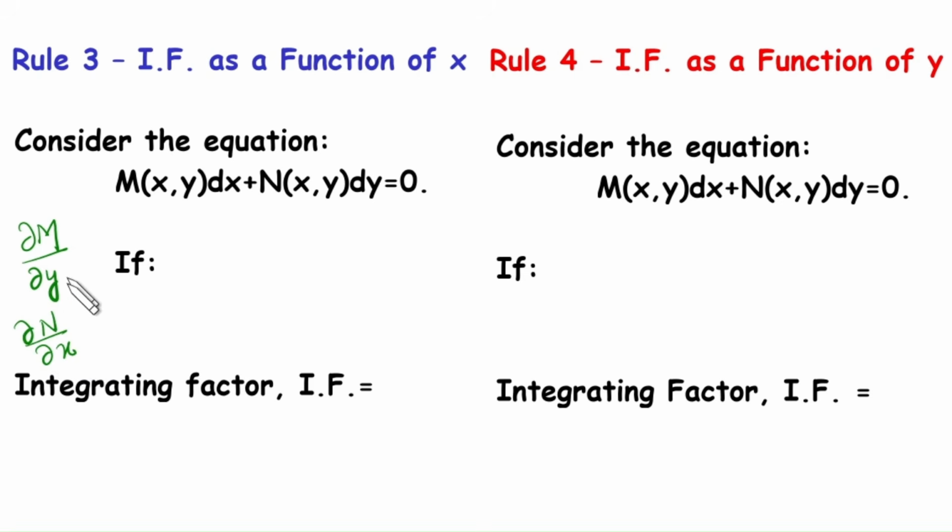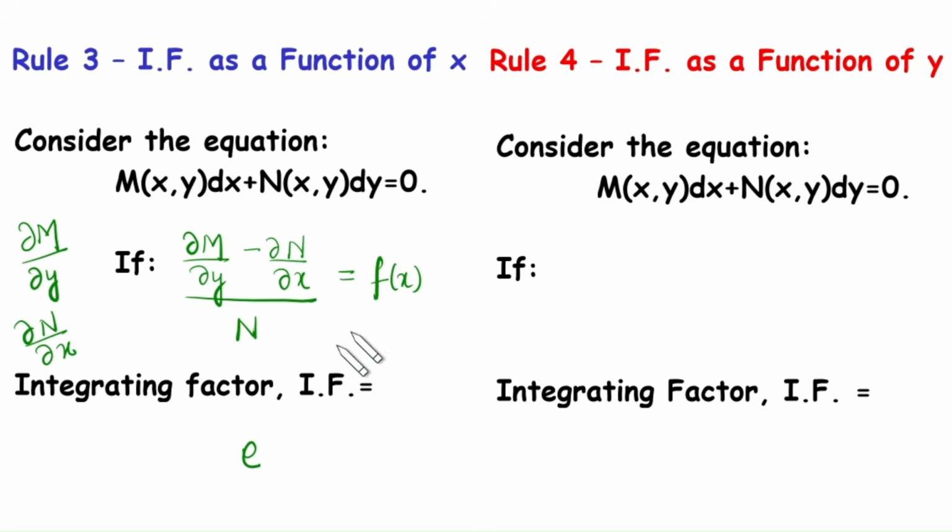Take the difference of these two. If we take the difference in this way, that is partial derivative of M with respect to y minus partial derivative of N with respect to x, then divided by N, that is this term, and if it is a function of x only, then the integrating factor is calculated as e raised to the power integration of this function dx.